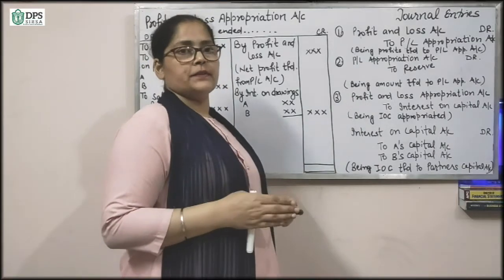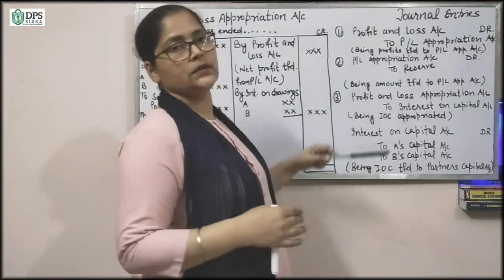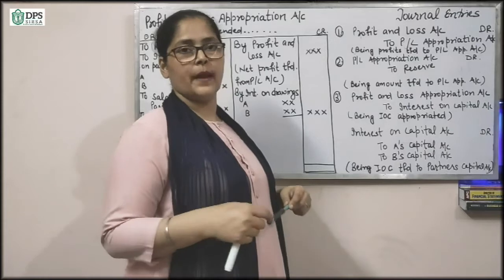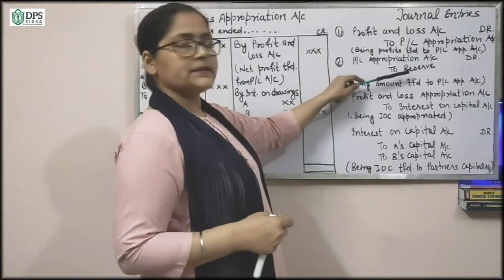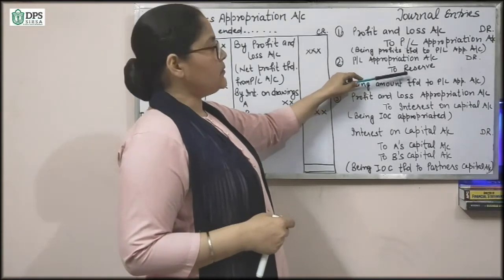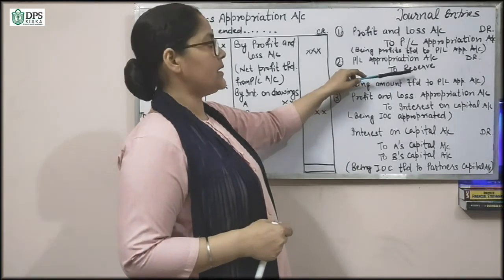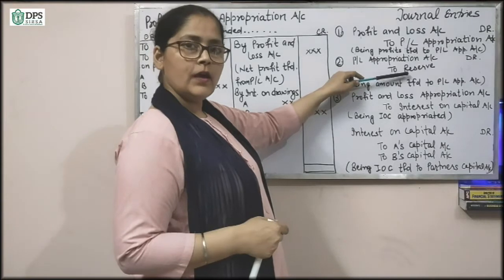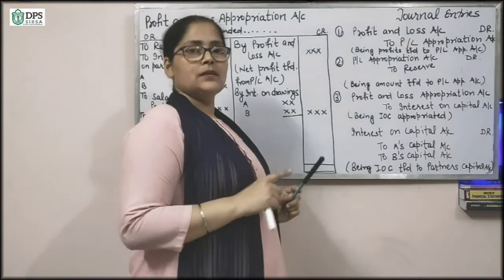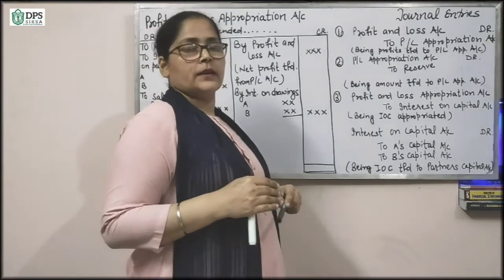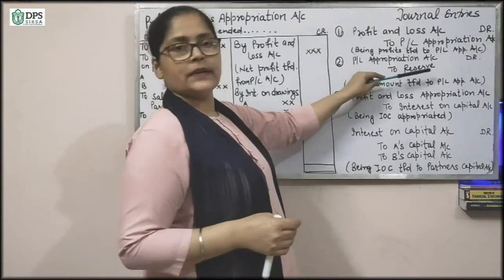Reserves are the profits that would go to partners, but now we are not providing them to the partners. We are taking this amount as reserves, and it will be shown on the liability side of the balance sheet. Liabilities are credit, so it will be credit.